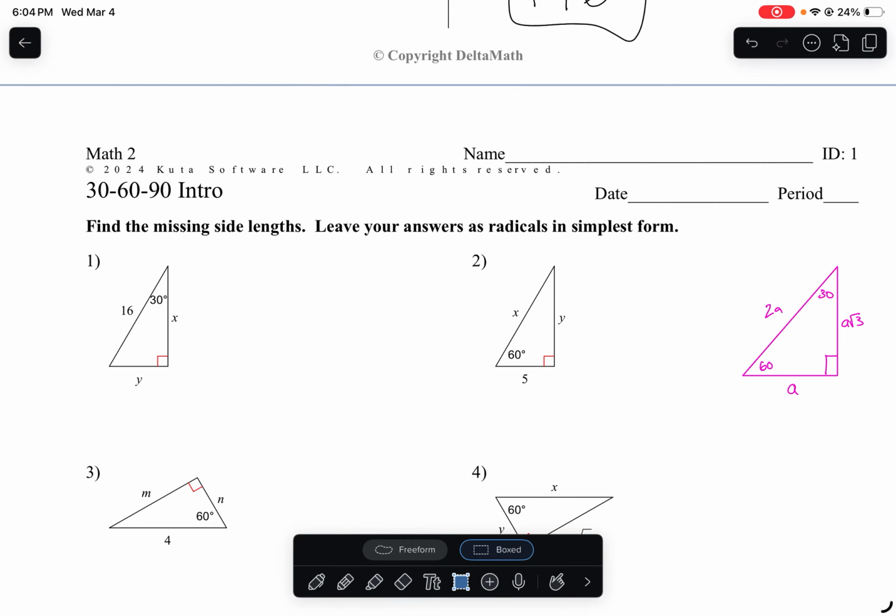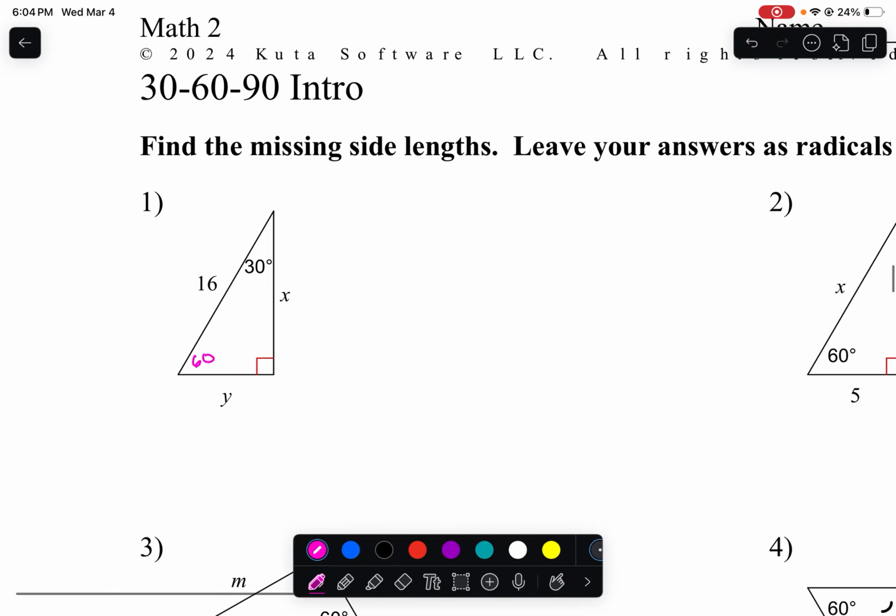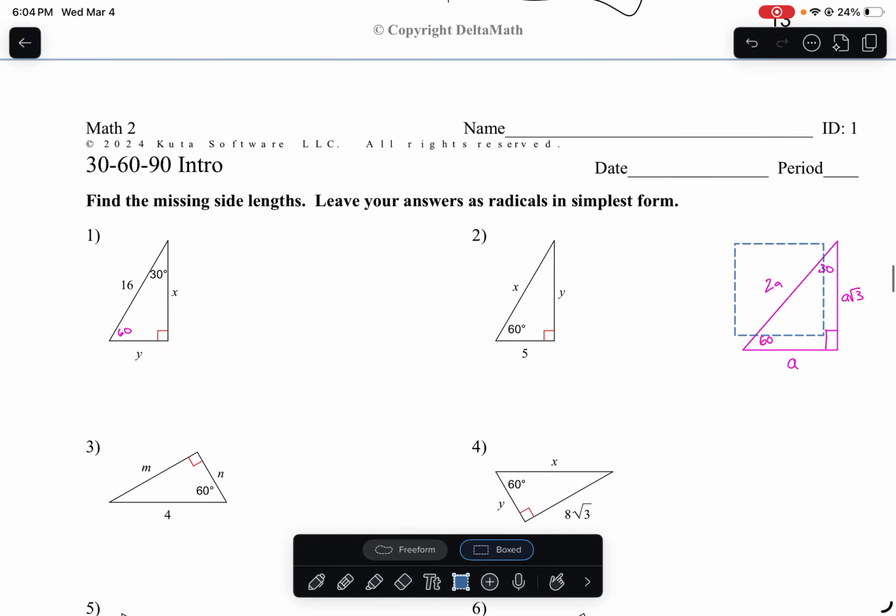All right, so basically the way I recommend doing these problems is before you begin to solve it, label all of your sides. Okay, so first off, you have to make sure you have a 30, 60, 90. Well, you have a 90-degree angle here, a 30 here. You could do 180 minus minus, and you will get that this is 60 here, okay? So now we have all of those ratios I talked about, right?